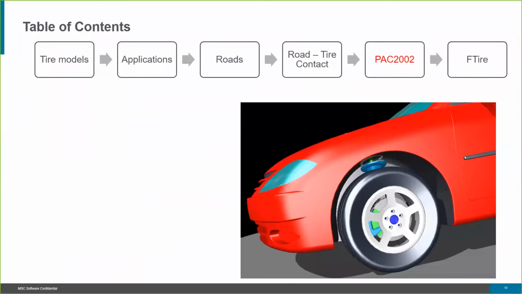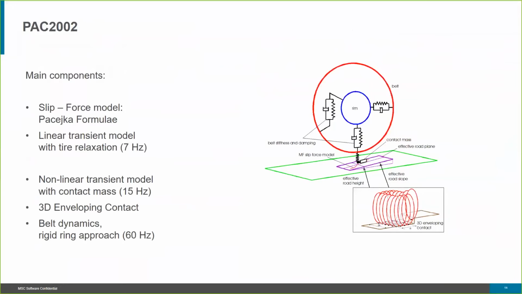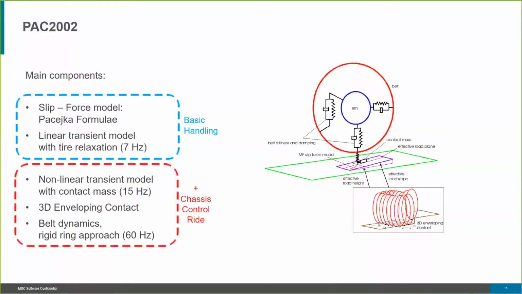So now going to the PAC2002. The PAC2002 slip force model is a Pacejka formulation, or magic formulas as better known, and it's a linear transient model, with tire relaxation for up to 7 hertz, and it's a basic handling model, but it can also do such things as non-linear transient models with contact mass up to 1500 hertz for chassis controls, and they can also handle 3D enveloping contact and belt dynamics.